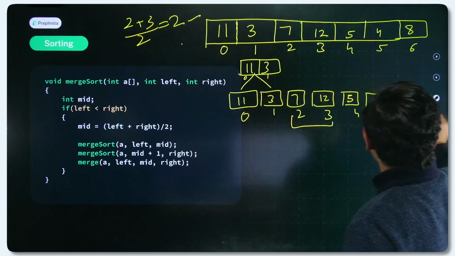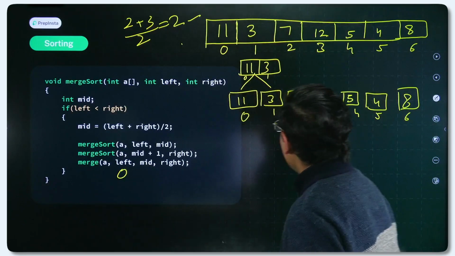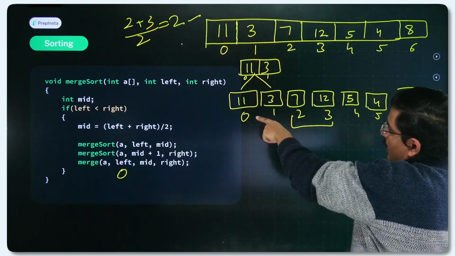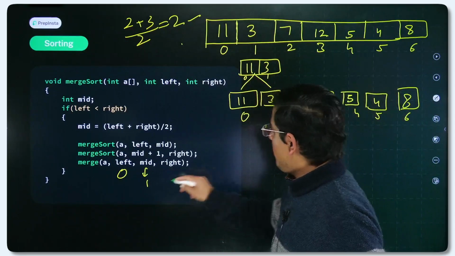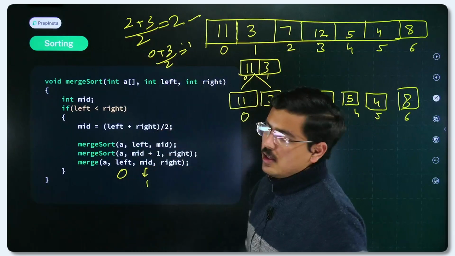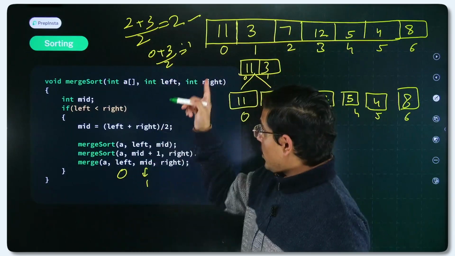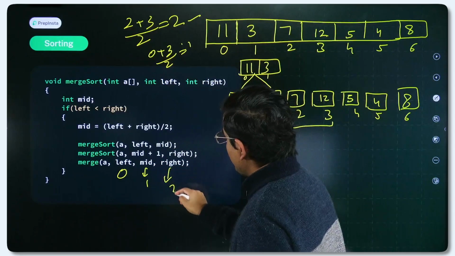Now if you carefully see, left is 0, mid in these particular domains is still 1, because 0 plus 3 upon 2 gives 1 as the quotient and 2 as the remainder. So 1 is the mid and right becomes 3.